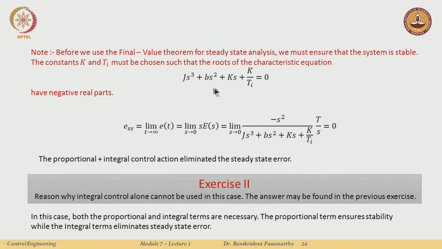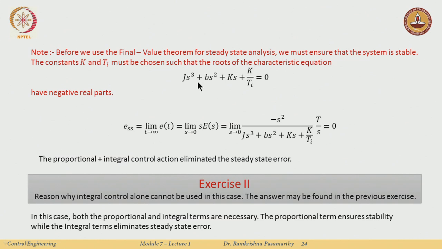But the thing we need to be careful about is that when we use the final value theorem, we must first ensure that the system is stable. This means I need to choose k and Ti such that the overall closed loop system is stable, in other words, the roots of the characteristic equation have negative real parts.